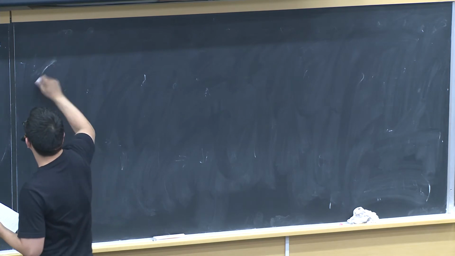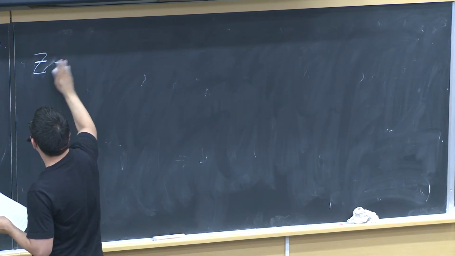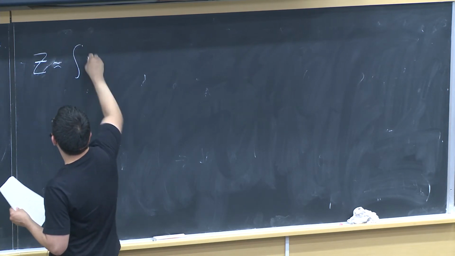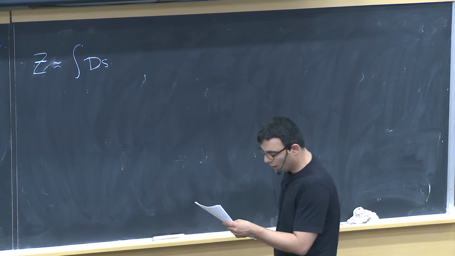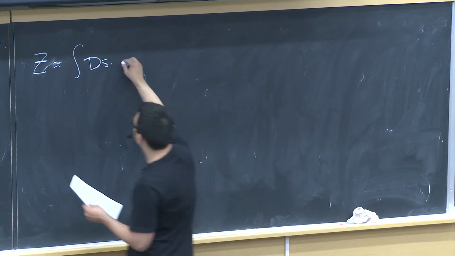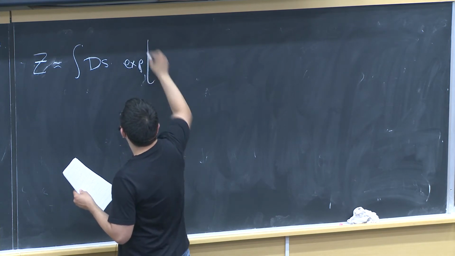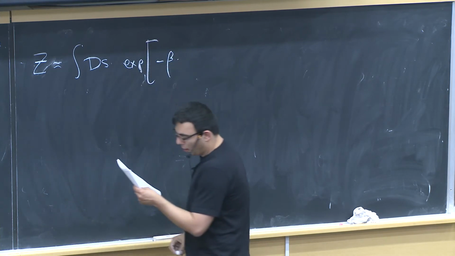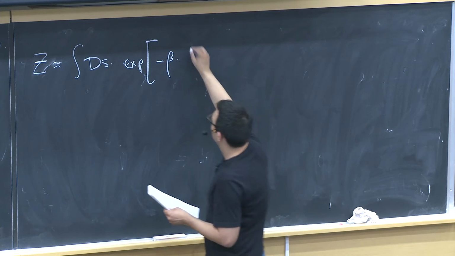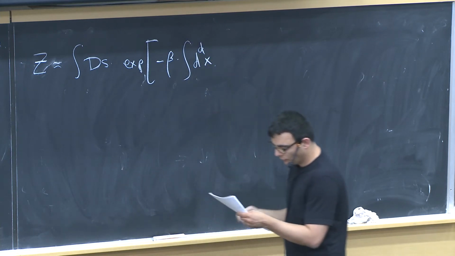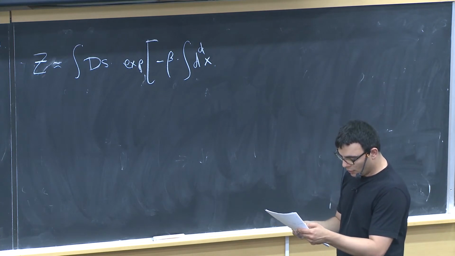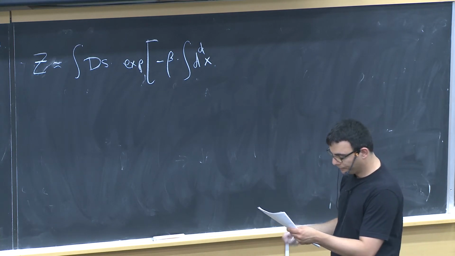We get Z is approximately some integral over S, the e to the minus beta times what?